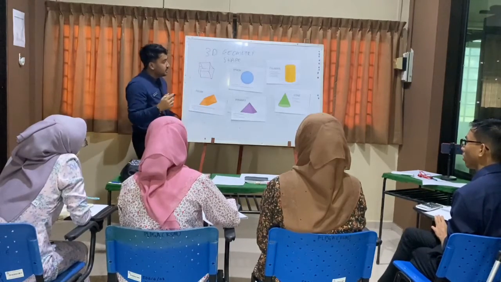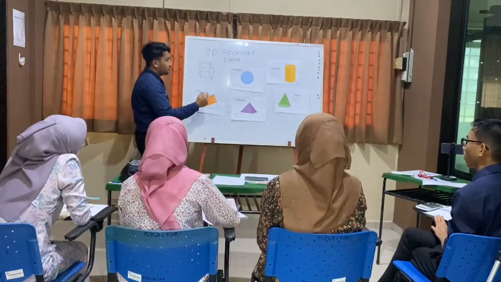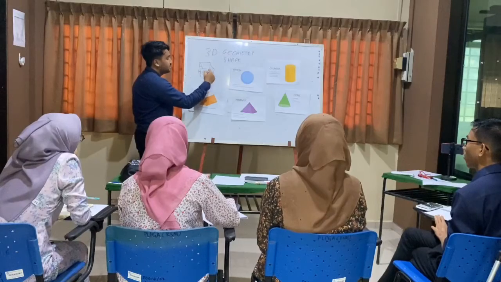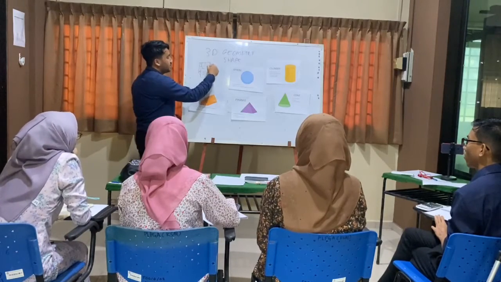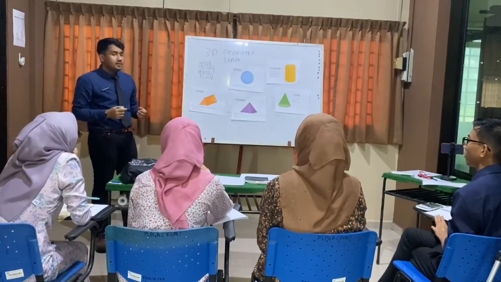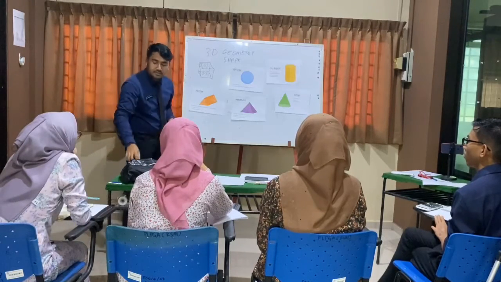In a cube, we can consider each of the sides as the base. It doesn't matter where you assign it. Okay, that is all for the first topic of this class.